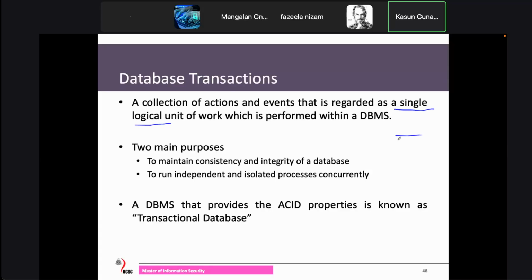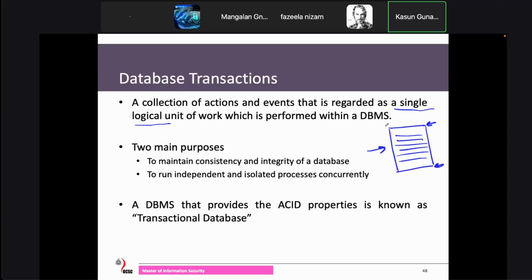The idea is we might have different actions like this, but the outside world should instead see a single unit. It will start from here and end here. Outsiders will see, okay, this has been completed and this is the result. So that is basically a transaction.